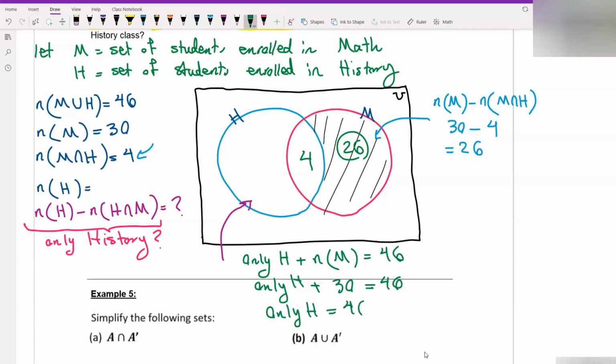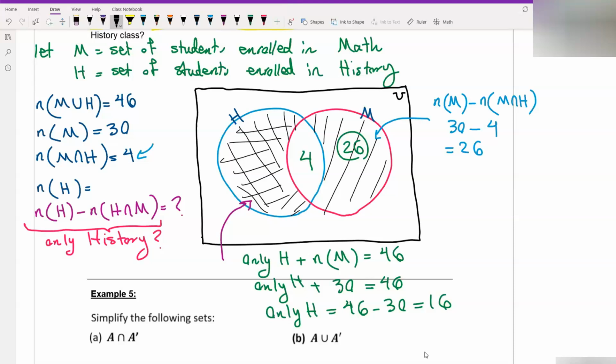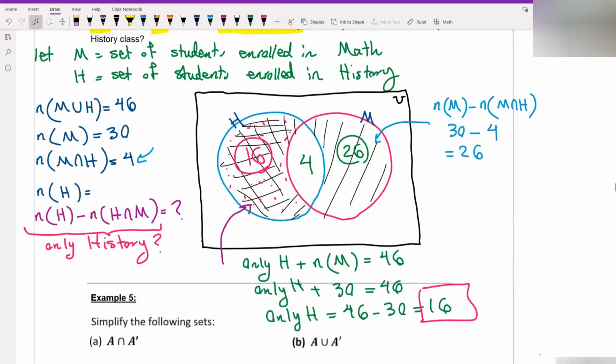So this is equal to 46 minus 30. So this part, which is only H, is 16. So this was your final answer.